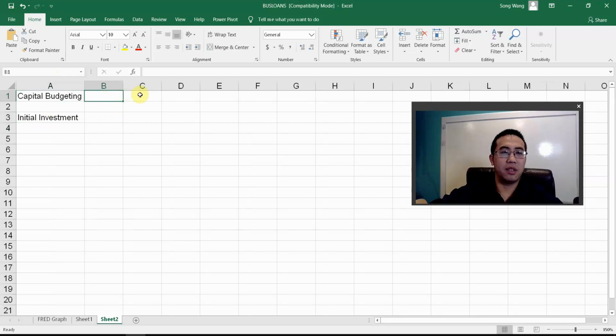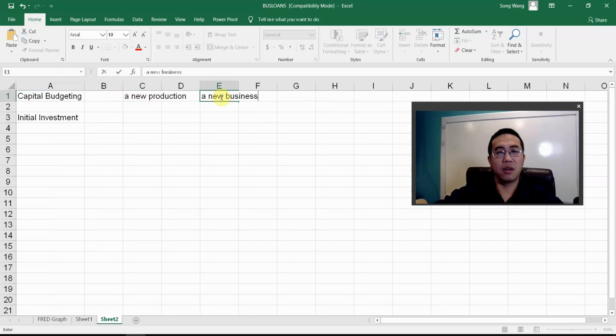And capital budgeting usually is about setting up a new production line or a new business, or you may need to replace an existing line of production with a new one, replacing an existing machine with a new machine, which costs less to maintain and to fix the defects.